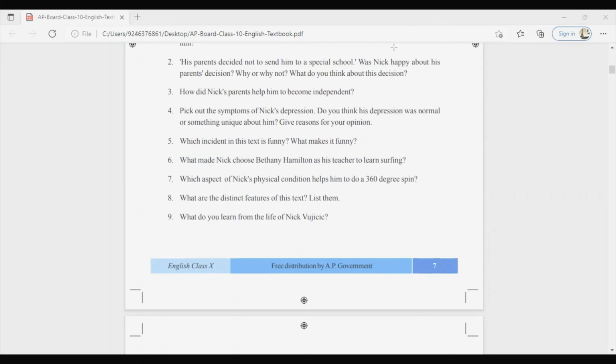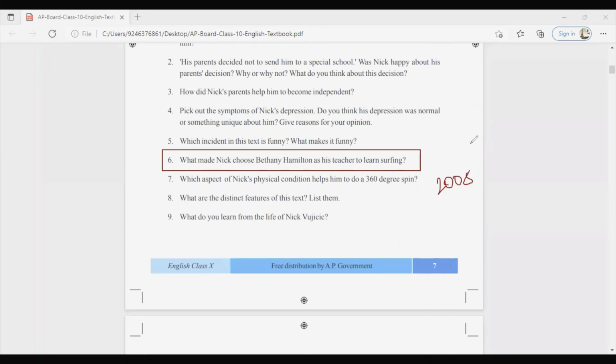Clear till here? Right. What made Nick choose Bethany Hamilton as his teacher to learn surfing? When you see here, Nick went to Hawaii in the year 2008 only to meet Bethany Hamilton. And who is Bethany Hamilton? A surfing master. She had her arm bitten off by a shark when she was at the age of 12.